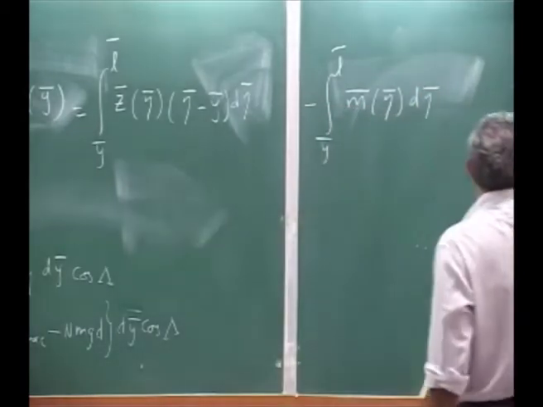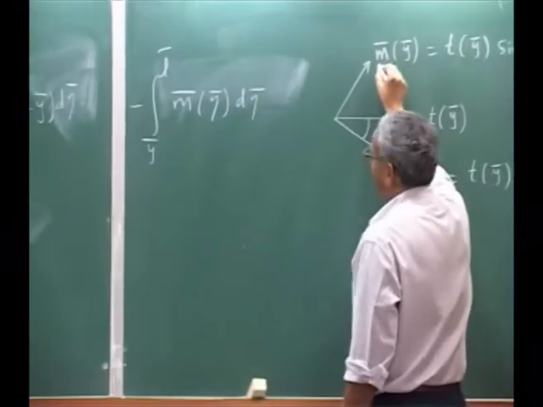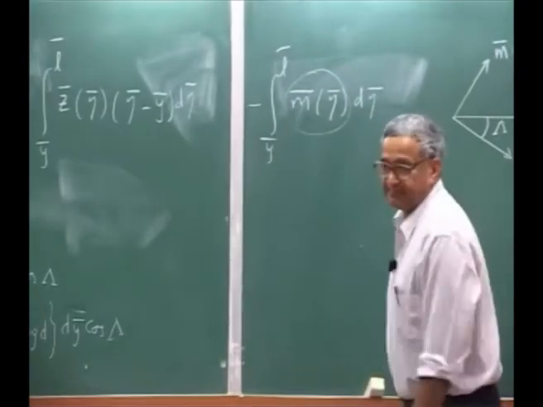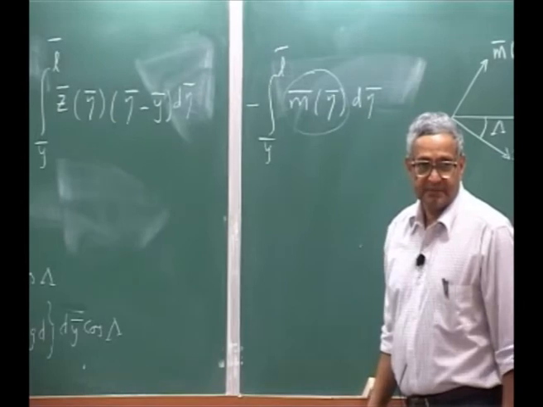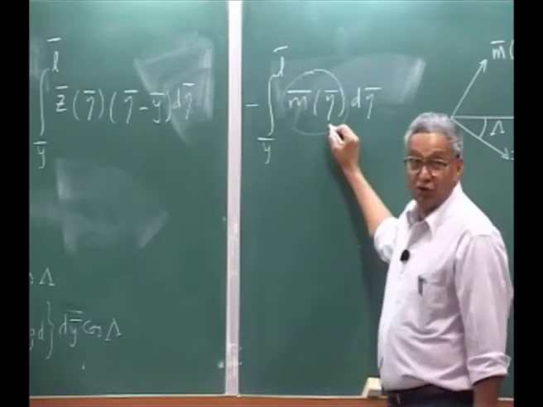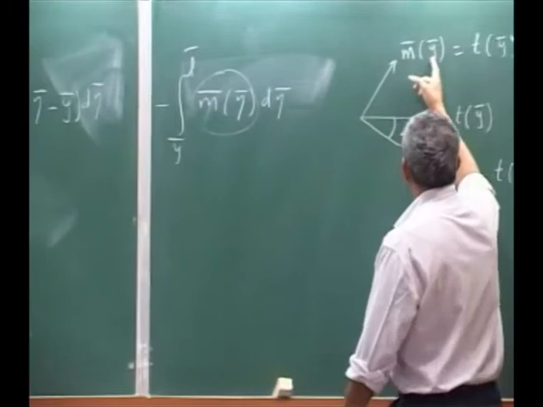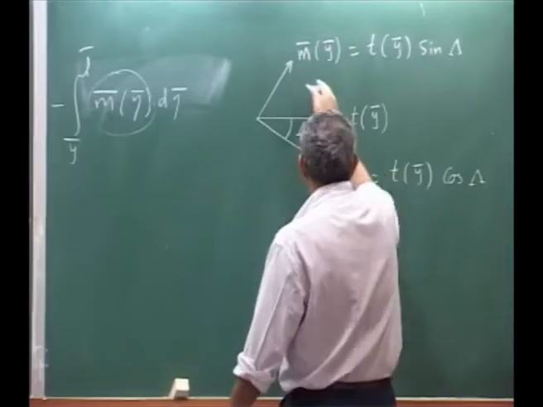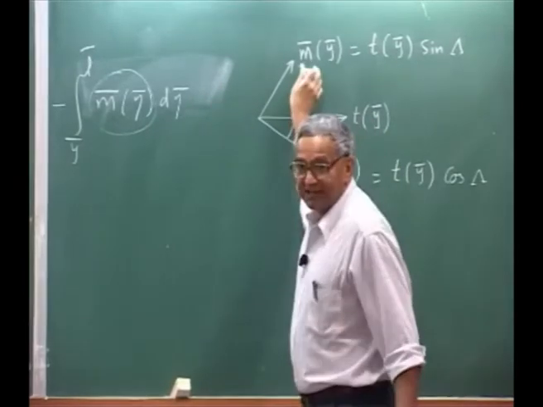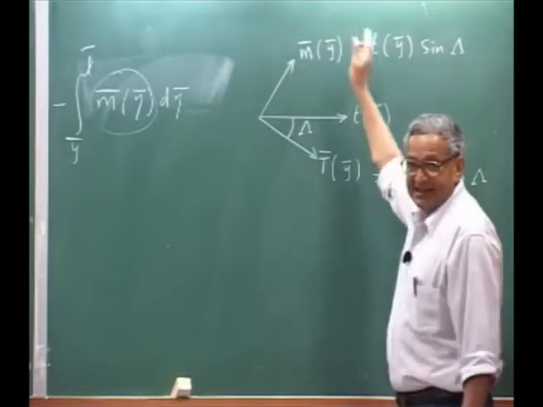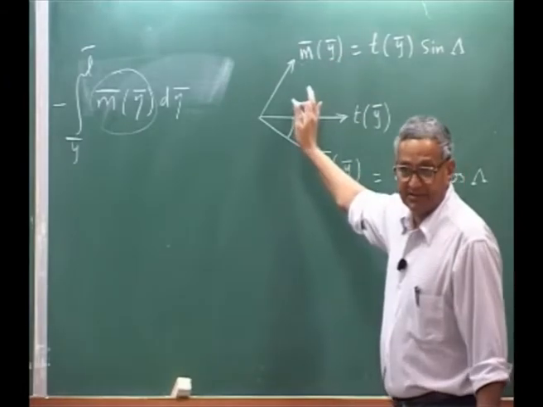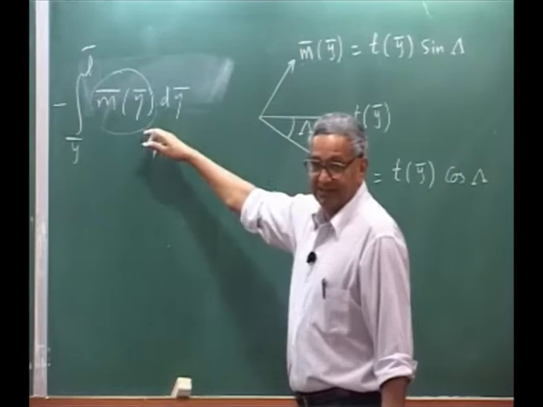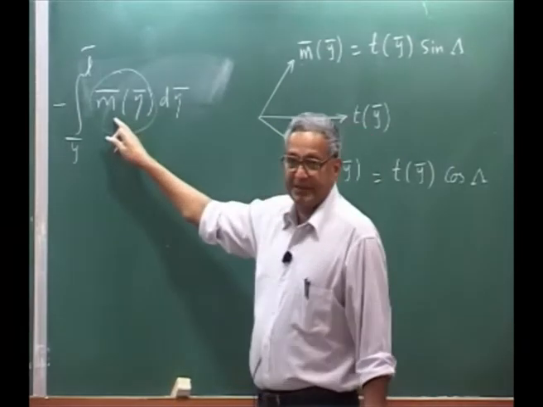But I have to take this quantity per unit length. That means I have to divide by dy bar all over the place. That is essential. That is why even though I use the same symbol, here it is per unit length.